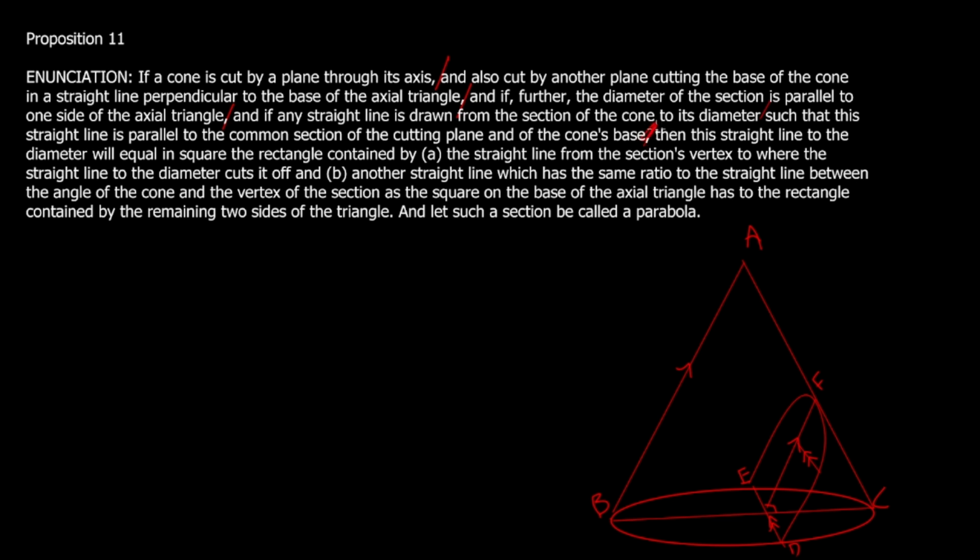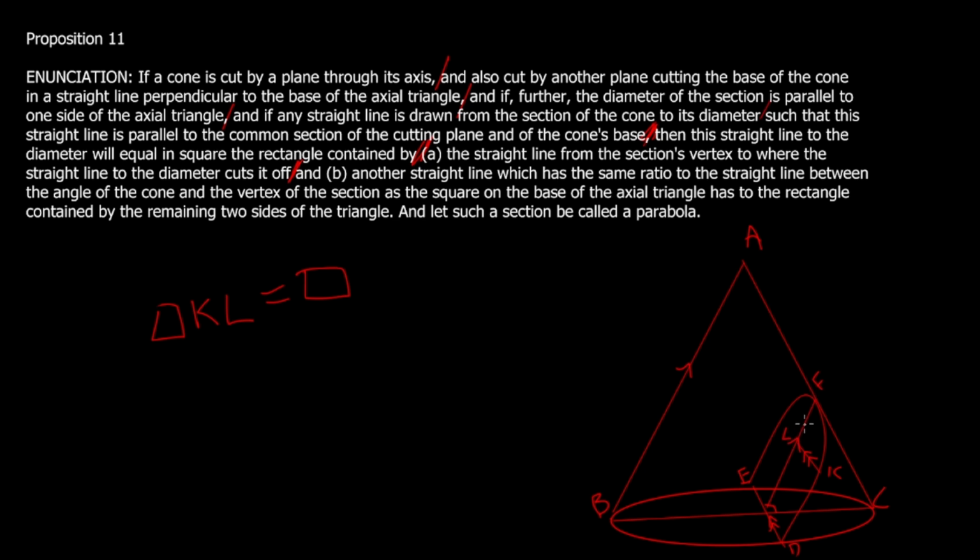Okay, so we're here now. Then this straight line to the diameter, the one we just did, I guess I'll label it KL, will equal in square the rectangle contained by. What that's saying is that the square on KL will equal a rectangle contained by the straight line from the section's vertex to where the straight line to the diameter cuts it off.